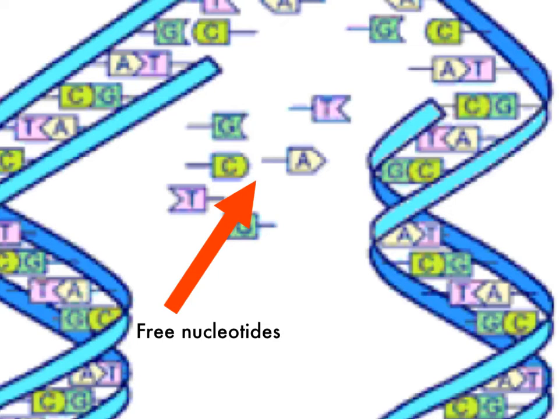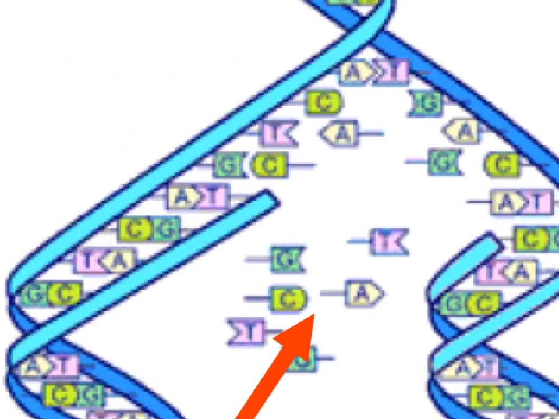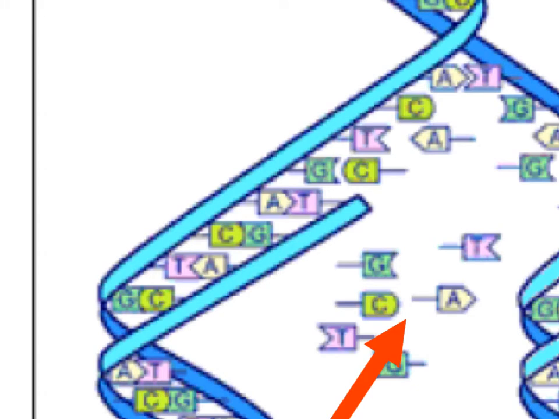And then in your notes it wants you to label adenine, thymine, cytosine, and guanine. So anywhere on this picture where you see an A, that would be adenine. Anywhere you see a T, that would be thymine. So we're going to go ahead and label any one of those. This will be adenine. This will be thymine.